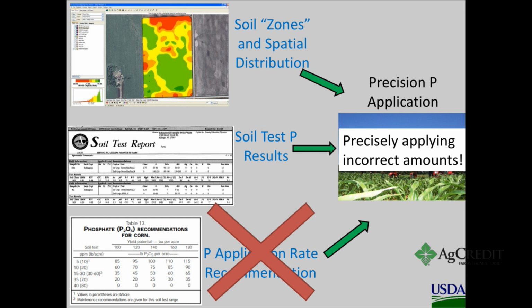Based on the soil test recommendations, you get a phosphorus application rate, which then through precision application, you can apply custom-tailored phosphorus applications to each zone. That's state of the art right now.